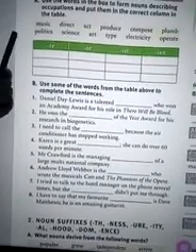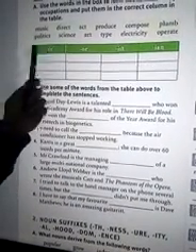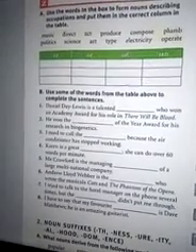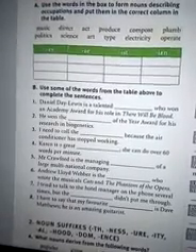Now another word, politics. Which is the suitable suffix for politics? Yes, politician. Politics, politician. C-I-A-N. Science, scientist. Art, artist.